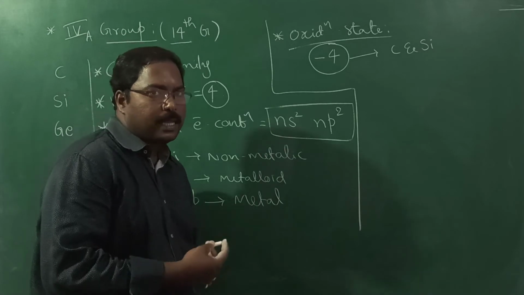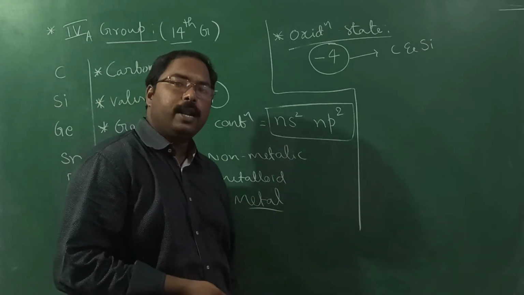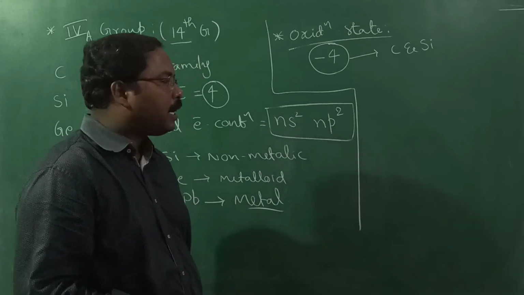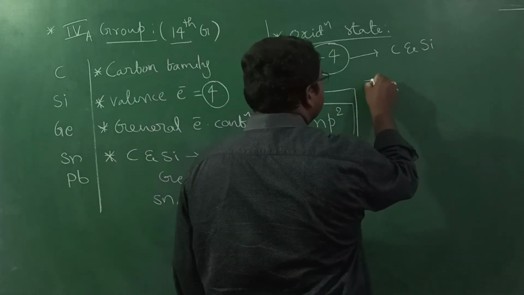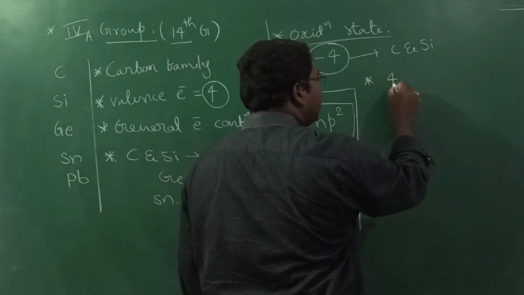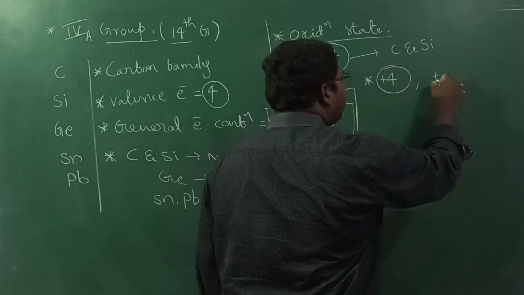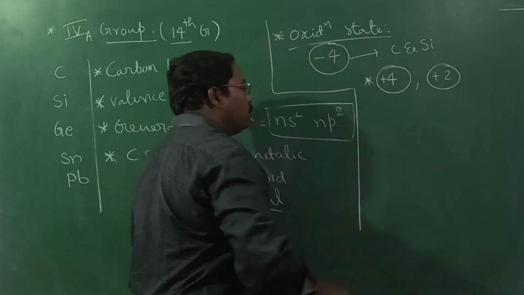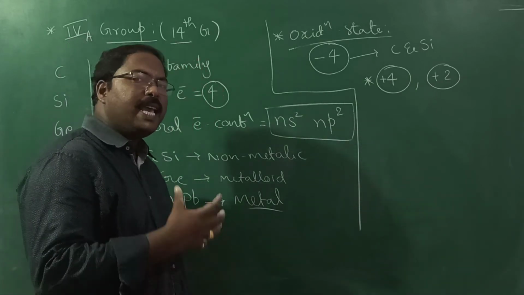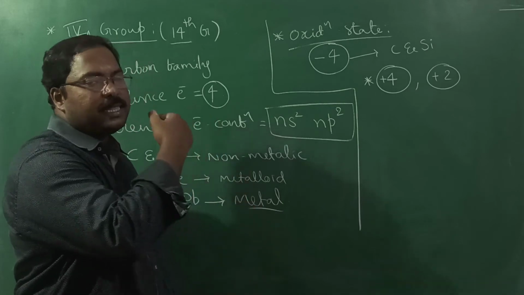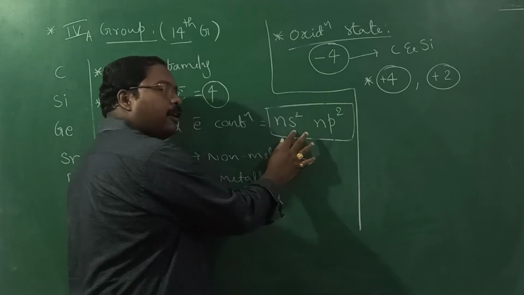Now coming to the other oxidation state. The remaining elements, because of their metallic nature, may not gain the 4 electrons. So what will they do? They will lose the 4 electrons. So the common oxidation state they will exhibit is plus 4. Along with that, they will exhibit plus 2. I think you understood why: the same reason we discussed in the 13th group. If they lose these 2, they will get a doublet configuration.